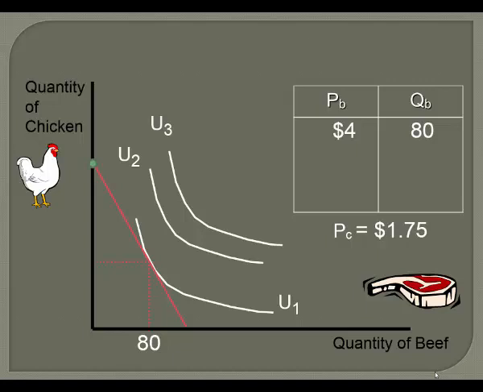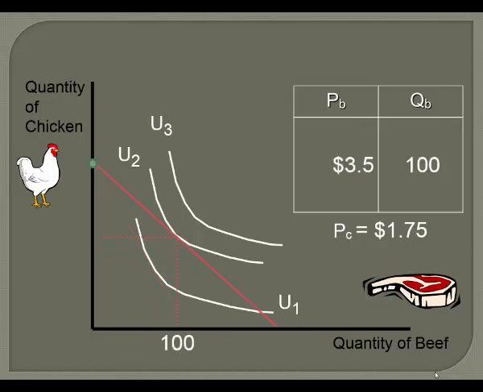The horizontal axis is the quantity of beef, and the vertical axis is the quantity of chicken. And we're going to see what happens when the price of beef changes. In this example, the price of beef drops.